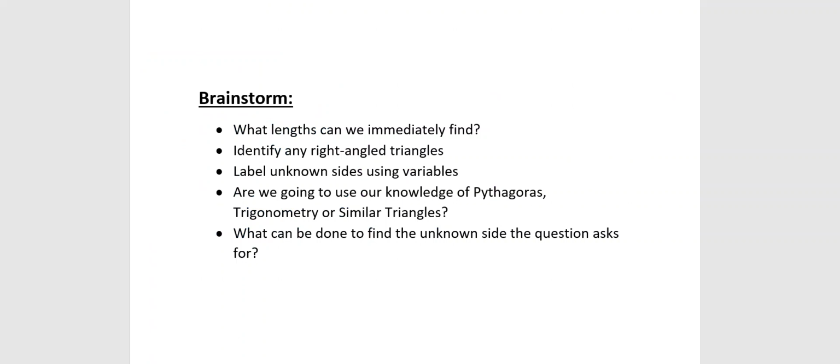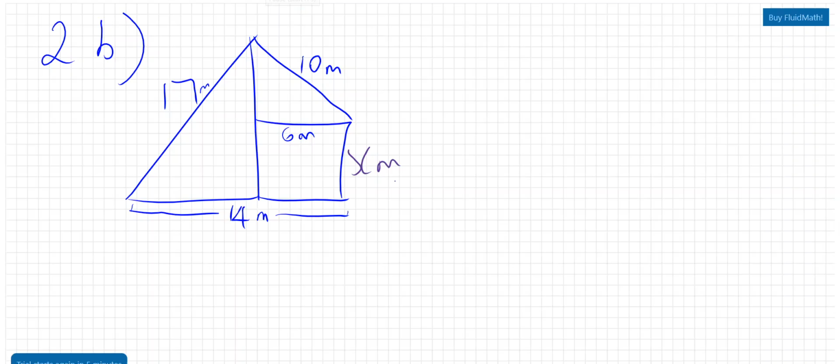Okay, so when brainstorming, we can ask ourselves questions or jot down points like this. The first one is, what lengths can we immediately find? Just looking at this question, I can see that I can maybe find this length here by subtracting.